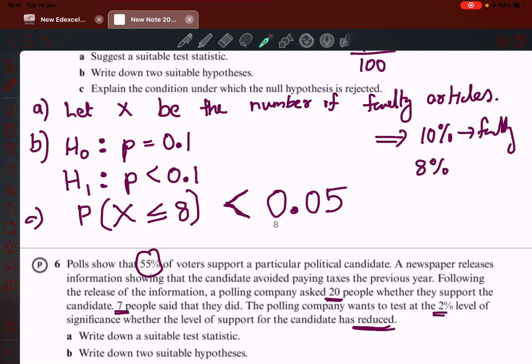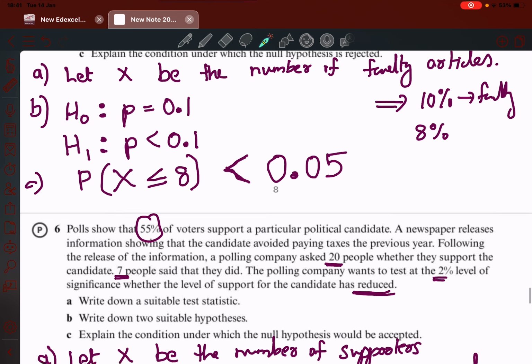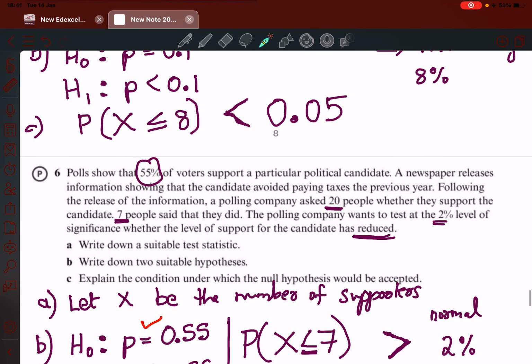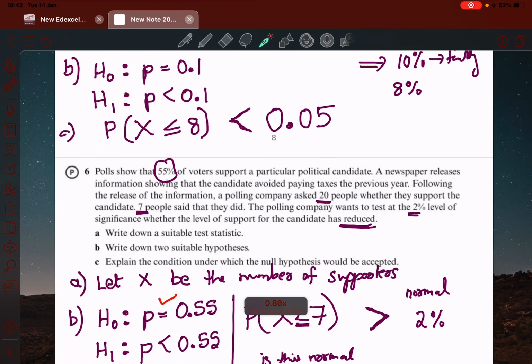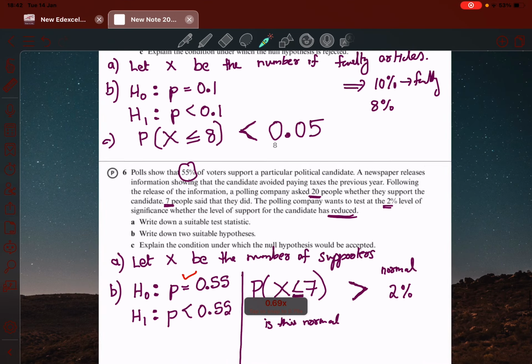So if you're finding it difficult to figure out what is happening there, you could just follow that hack. Whatever the alternate hypothesis is, just follow the same inequality sign, which is less than. Please don't go for a proper less than. This would be a less than or equal to. I'm just trying to hint you towards whether it should be less than or equal to or greater than or equal to.